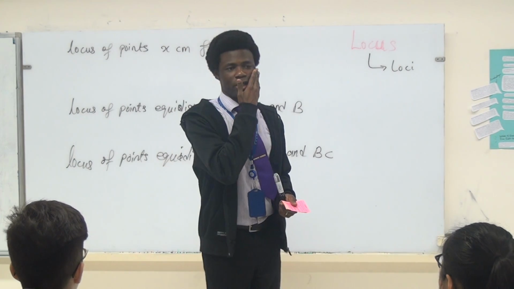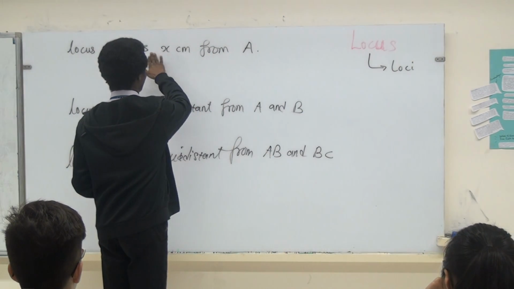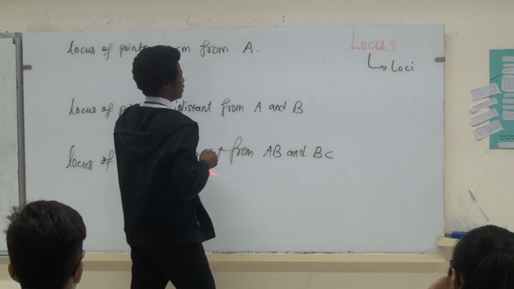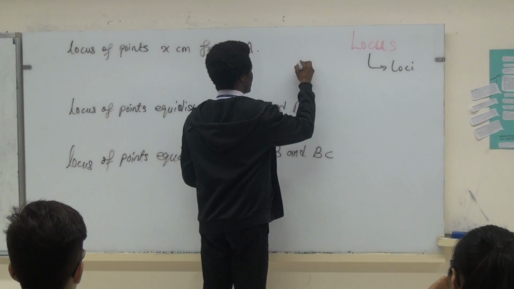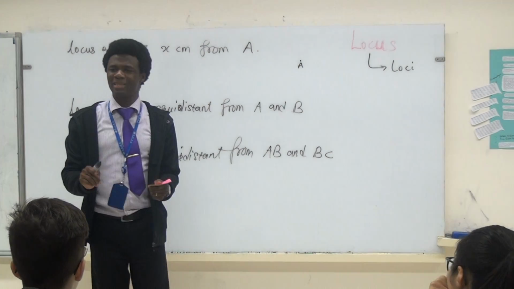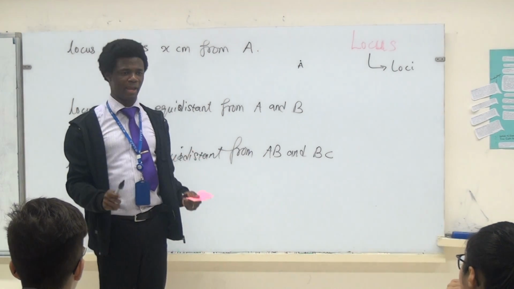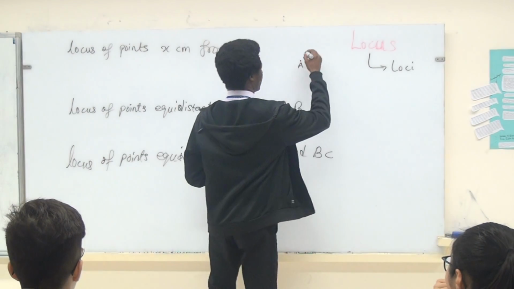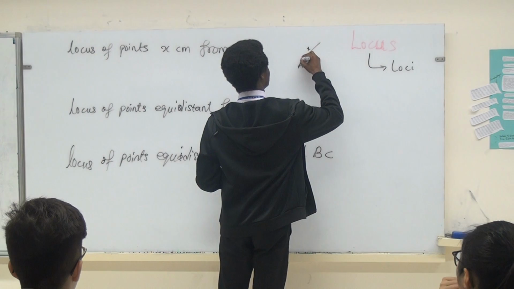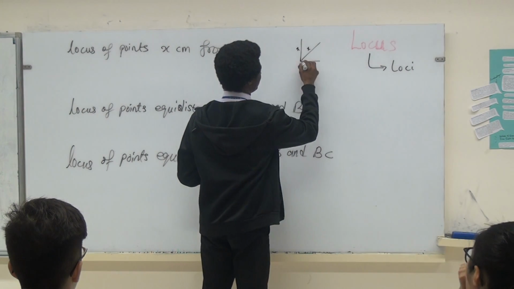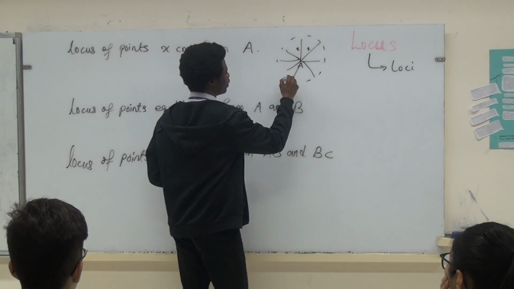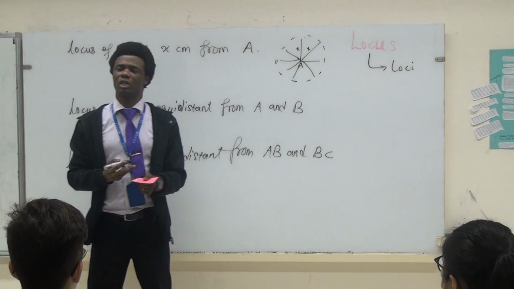For example, if we say the locus of points that is X centimeter from A, it means if I pick a point A, all the points that are X centimeter from A, what would they give us? A circle.